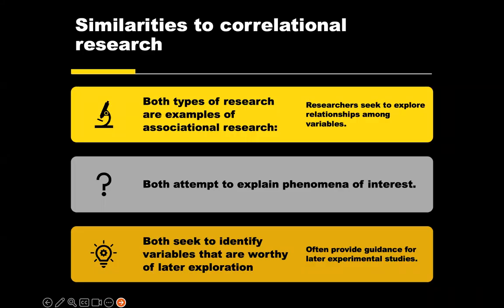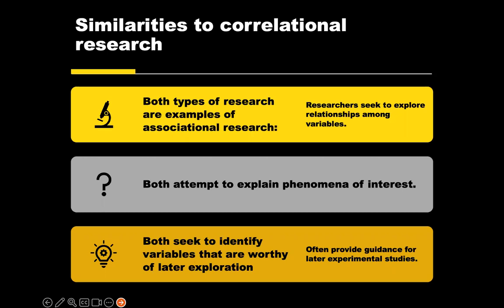Causal comparative research is very similar to correlational research in the sense that both are associational research. Associational research means we are seeking to explore how the variables are related to each other.